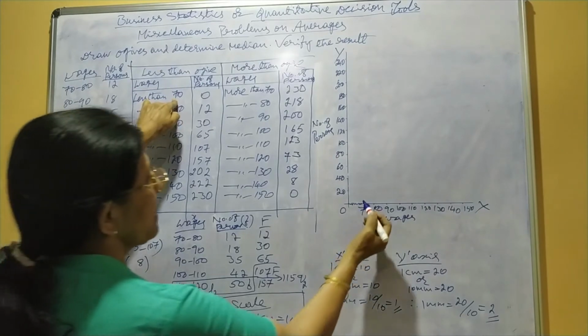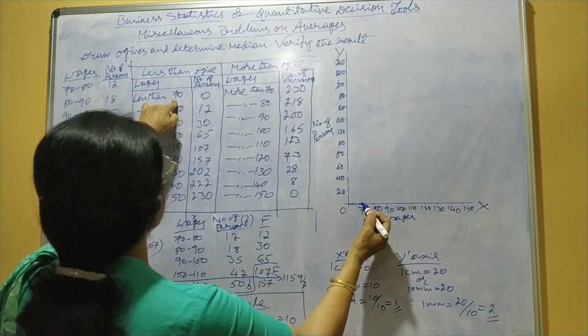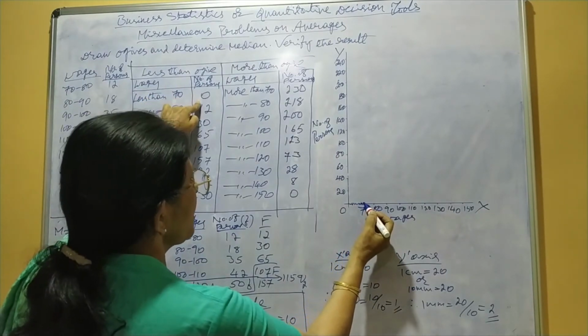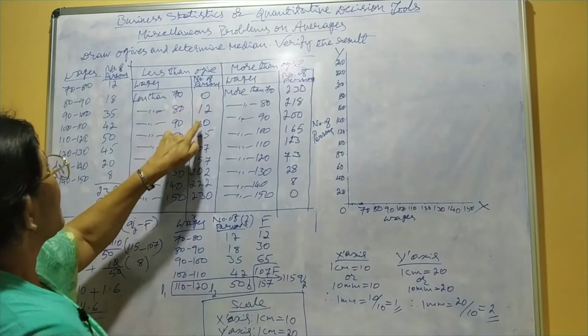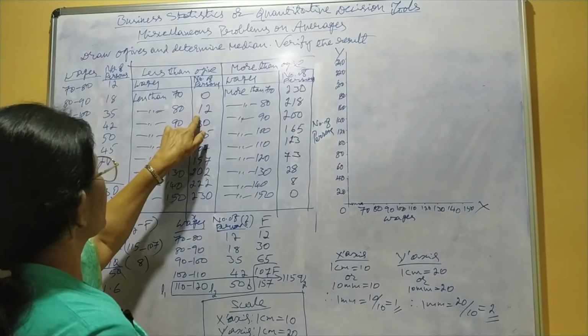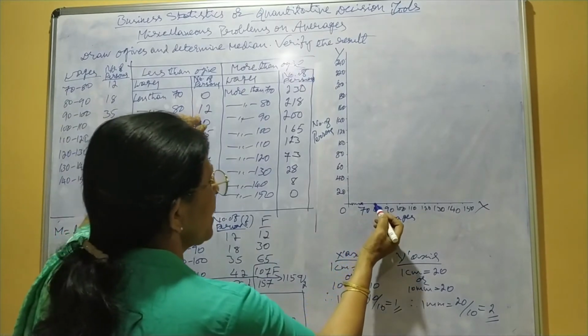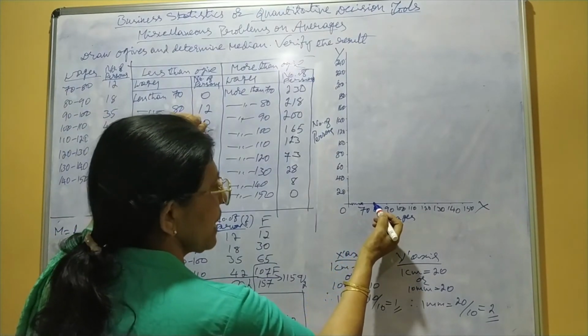Less than 70 means corresponding to 70, it is 0, that is on x-axis itself. Then less than 80, 12. Corresponding to 80, we have to take 12.